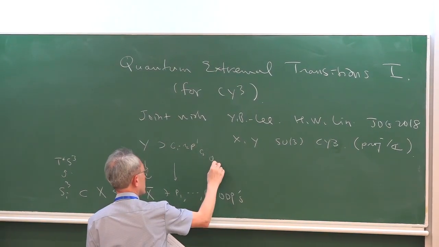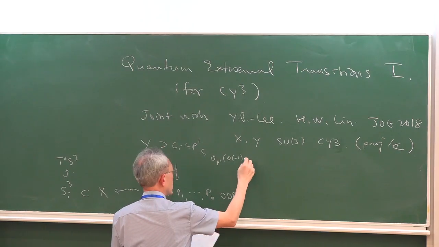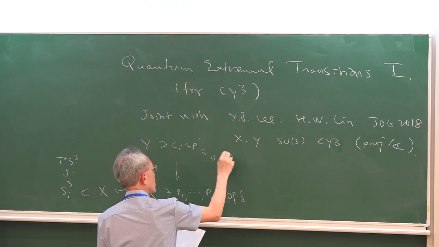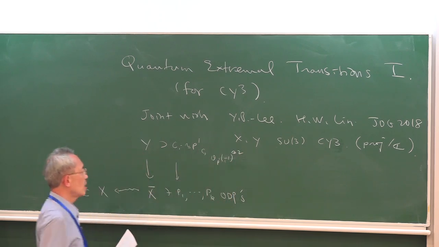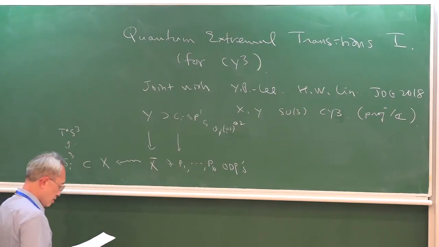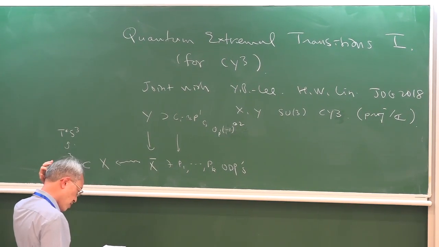The neighborhood of the rational curve is even more familiar. It's just normal bundle minus 1. But what's the non-trivial condition for that?